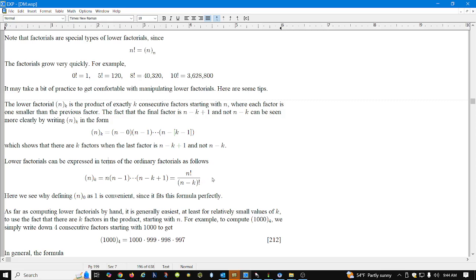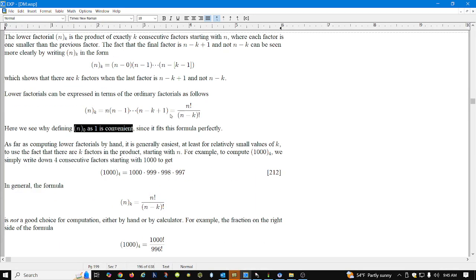This is one reason why defining n lower factorial 0 as 1 is convenient: when k is 0, you get n factorial over n factorial, which is 1. So this definition is made, in a sense, to fit the formula that n lower factorial k is n factorial over n minus k factorial, even when k is 0.